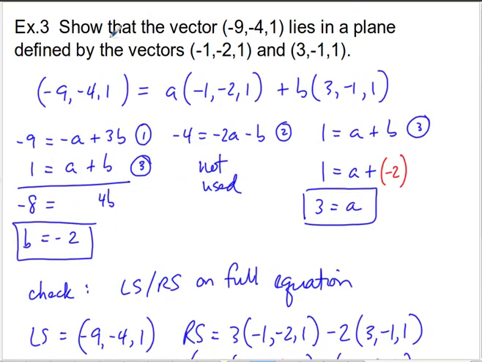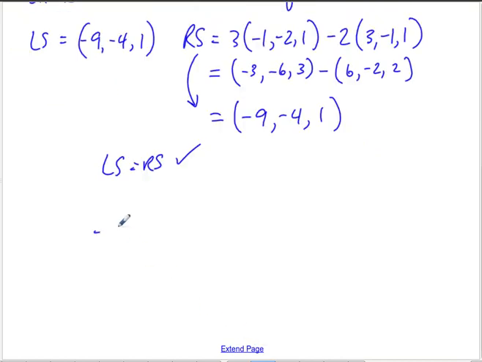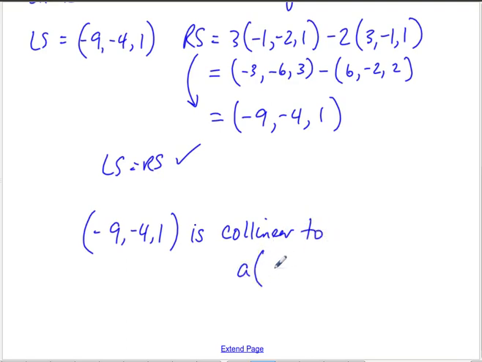And so what did I just show? I showed that the vector -9, -4, 1 lies in the plane defined by these vectors. And how did I show that? What I actually showed was that -9, -4, 1 is collinear to a times -1, -2, 1 plus b times 3, -1, 1.